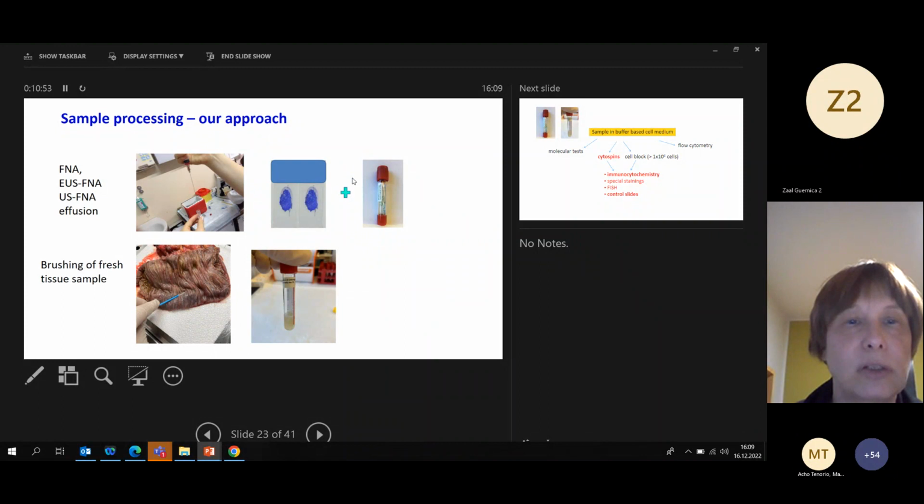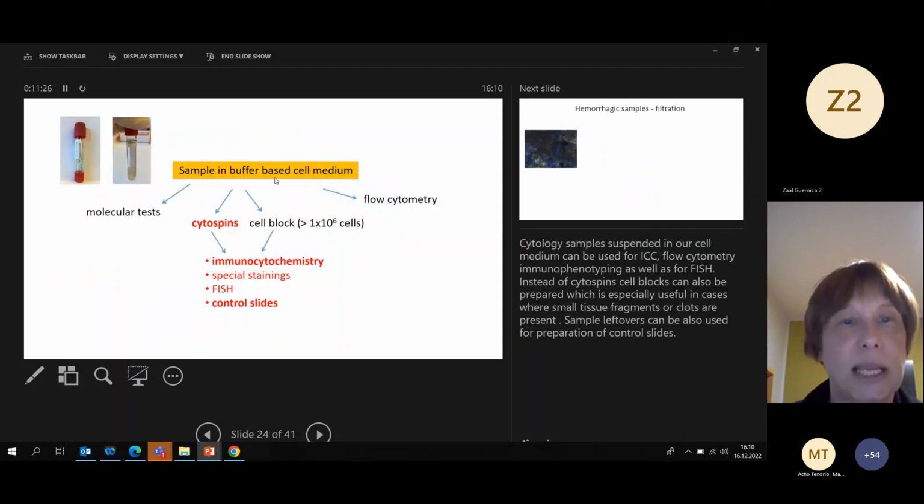First, I would like to introduce our sample processing procedure, where we take all leftovers of the sample from the needle and suspend them in a buffer-based cell medium after preparing smears for cell morphology. Similarly, we prepare controls by brushing fresh resected tissue. We suspend these cells again in cell medium, and from this cell medium we can prepare cytospins for different ancillary methods. We can also prepare cell blocks.